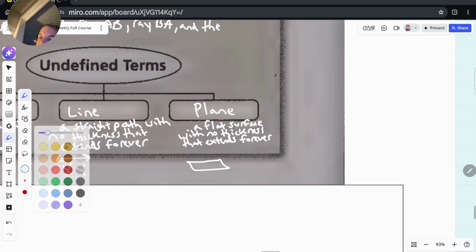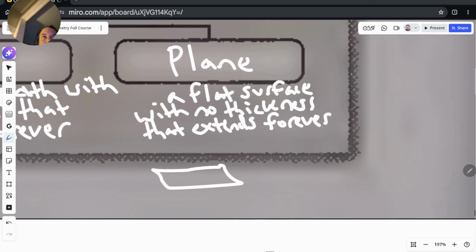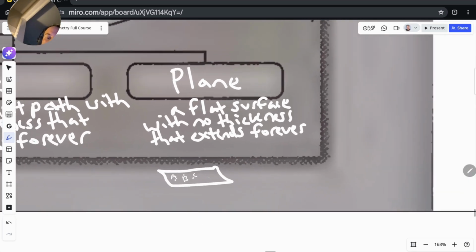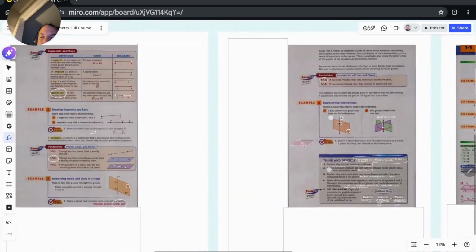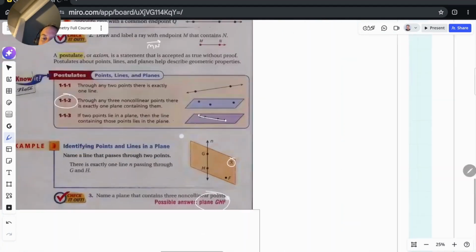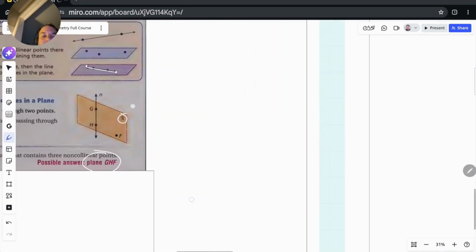Maybe I have to make that a little smaller. Zoom in here a bit. We could have A, B, and C. And then we'd have our script letter R. If we go back and see a visual, that's a nice one drawn there for us with G, H, and F with our script letter R there to show it's the plane.